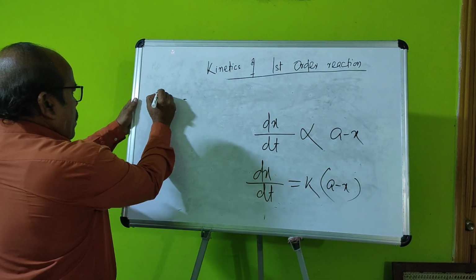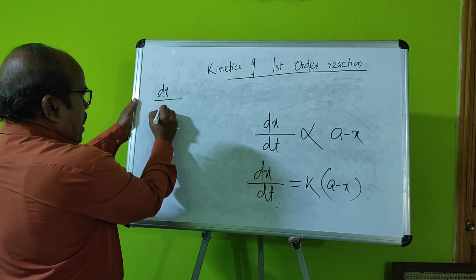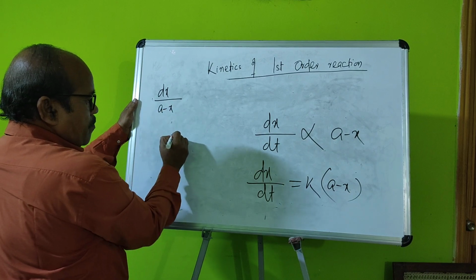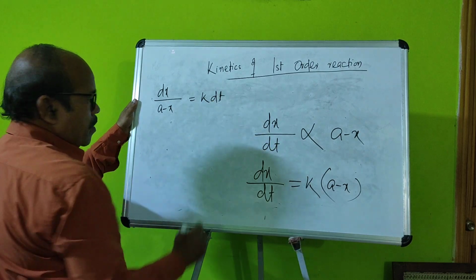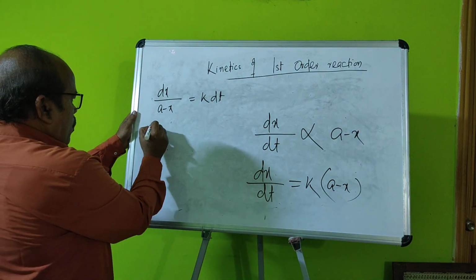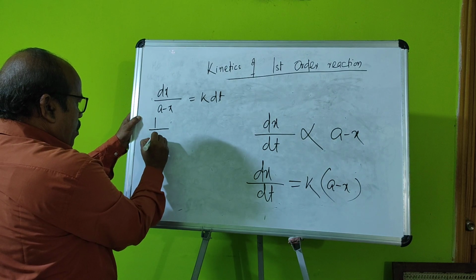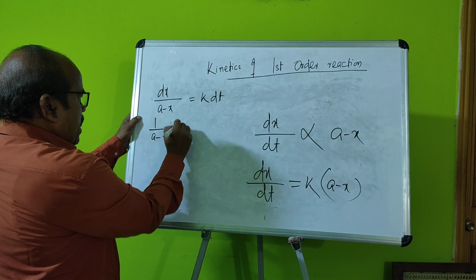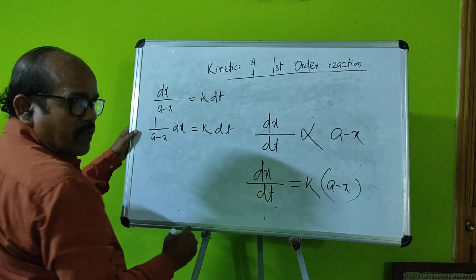Or dx by a minus x is equal to k dt. I can write it this way: 1 by a minus x dx is equal to k dt.